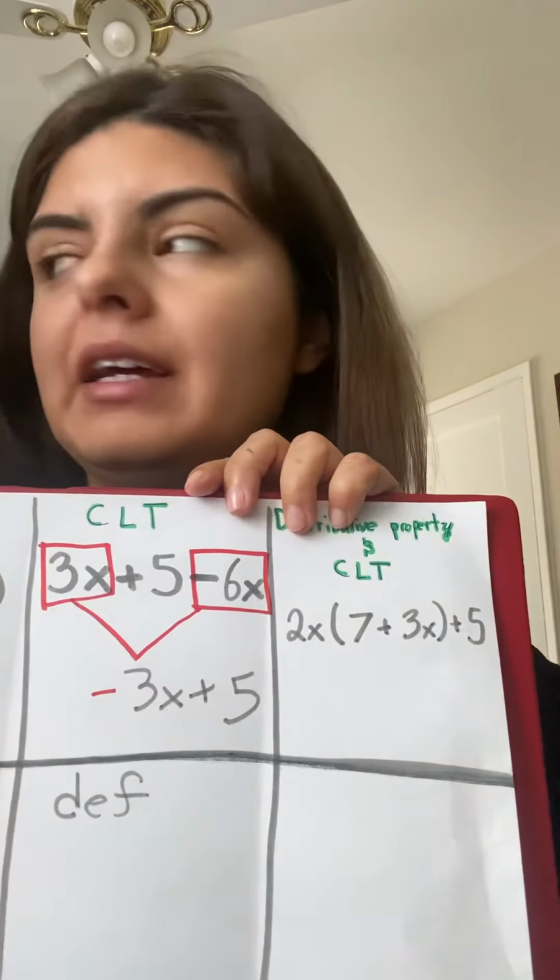So we're going to have 2x times 7 plus 3x plus 5. So your problem is gonna look like that.